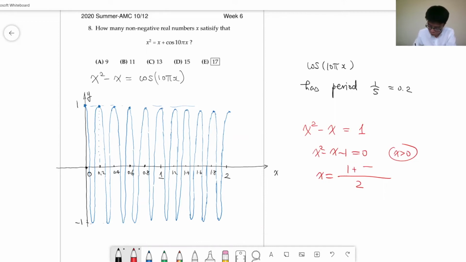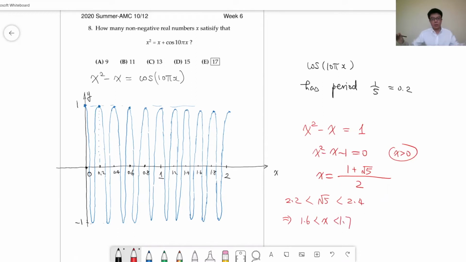Plus root 5. And we see that root 5 is between 2.2 and 2.4, because 2.2 squared is 4.84, and 2.4 squared is 5.76. And then we plug in, and we see x is strictly less than that, so x is between 1.6 and 1.7.